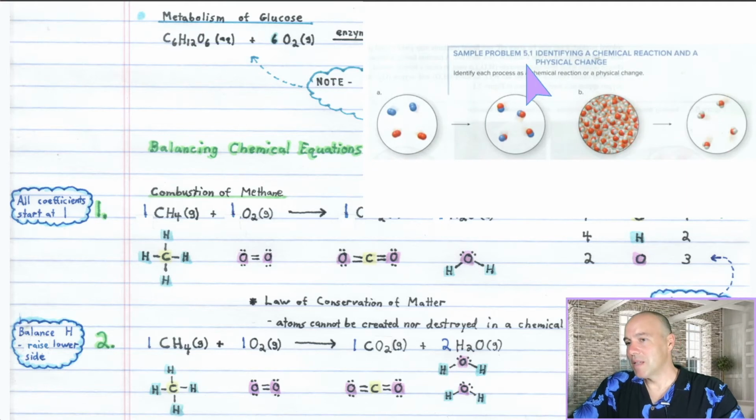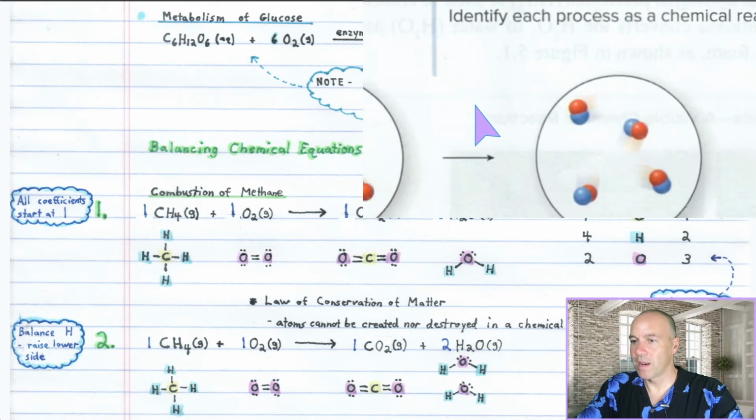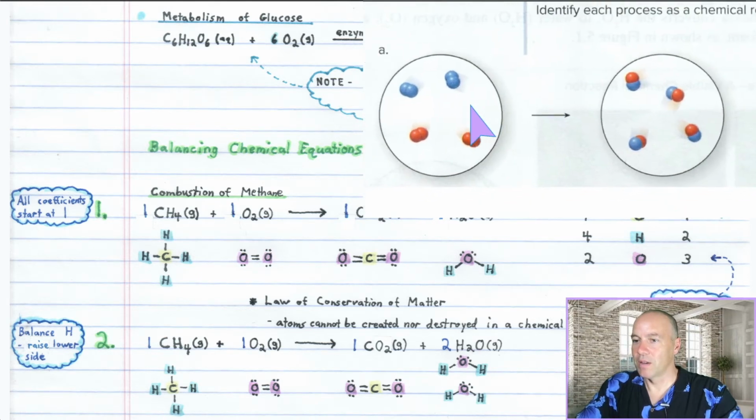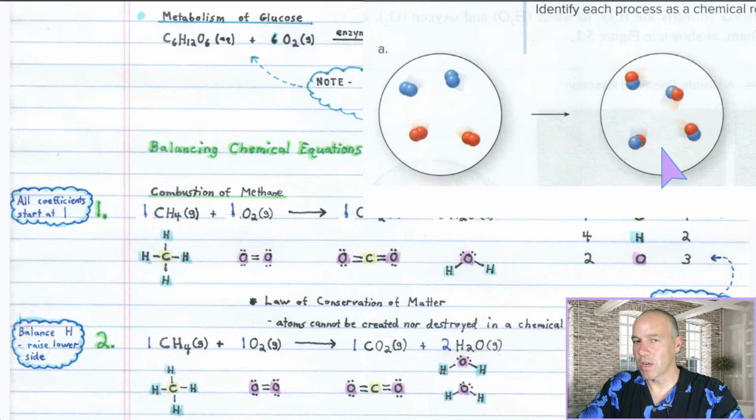Now this sample problem right here asks us to identify a chemical change and a physical change. So which one of these is a chemical change and which one is a physical change? Let's start with the one on the left. Okay, so here you have these particles converting into those particles. So is this a chemical change or a physical change?